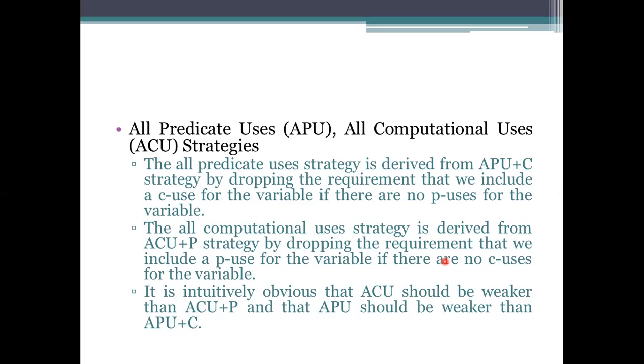We know that this type of processing is not allowed in programming, because sometimes some variables won't be involved in the predicate use, but they are considered as usage, meaning updated variables will be used there. Computation variables will not be used in the predicates, and variables will sometimes not be used in the computations. To overcome this, we need to provide for that. So all these things we are using, the predicates or the computations, once defined, we need to check whether they are used or not.